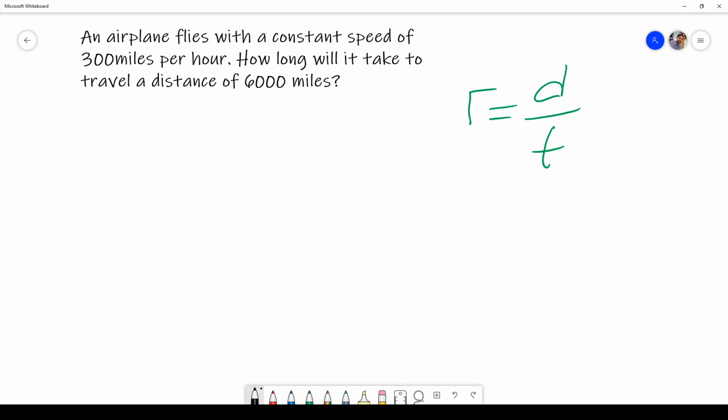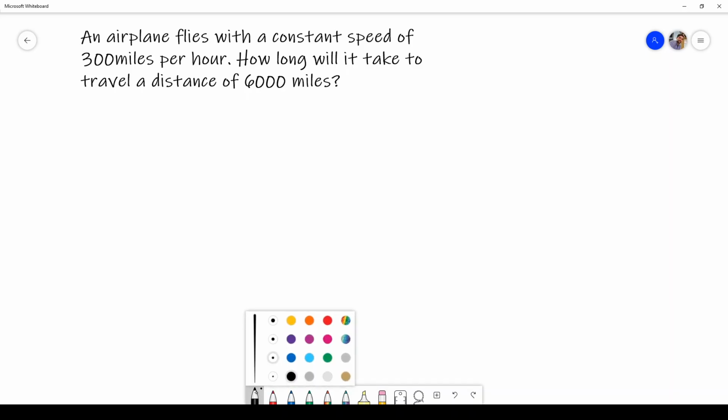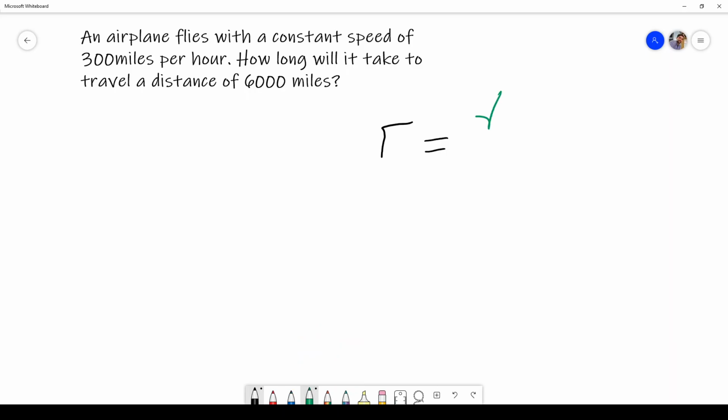Well, let's color code this, shall we? Let's say rate equals distance over time. So what's the rate? Well, the rate is right here. That's the rate.